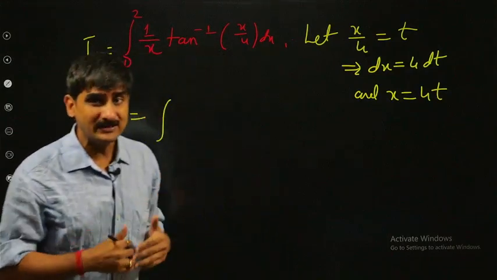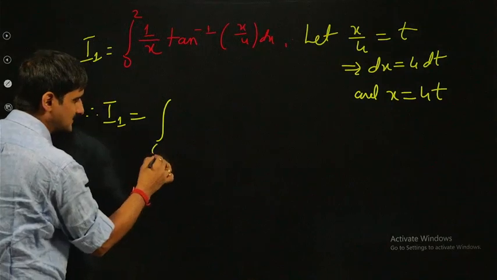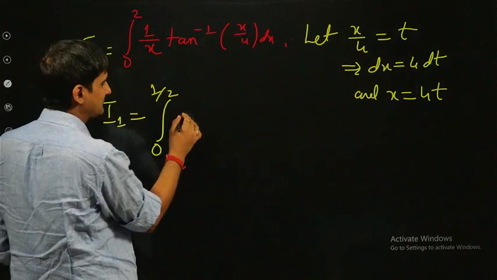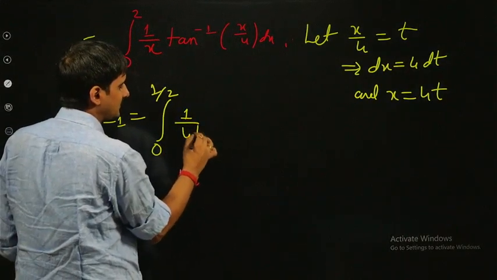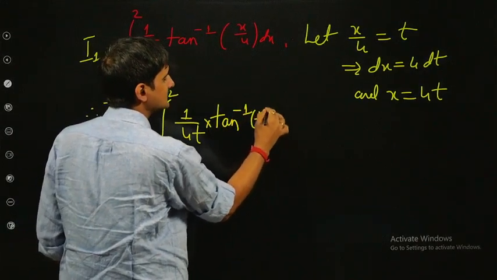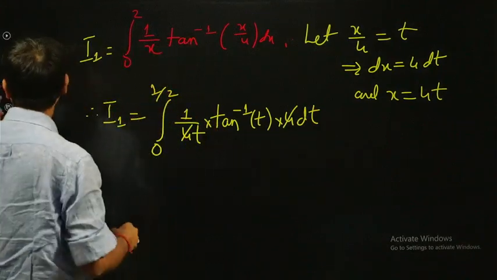It's 0. But when x is 2, t will be 2 by 4, which is half. So that changes the limit, but still let's move ahead. So it is 1 by 4t into tan inverse of t into 4 times dt. Now see, this is what we got.